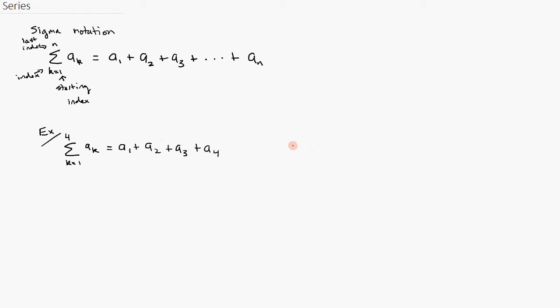So let's take a specific summation. Say the sum k equals 1 to 4, where the terms are k squared. What I do is plug in each value of k into the formula, running from k equals 1 to 4. When k equals 1, I get 1 squared. When k equals 2, you get 2 squared. K equals 3, you get 3 squared.